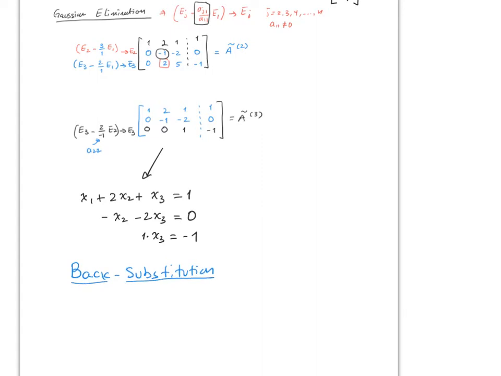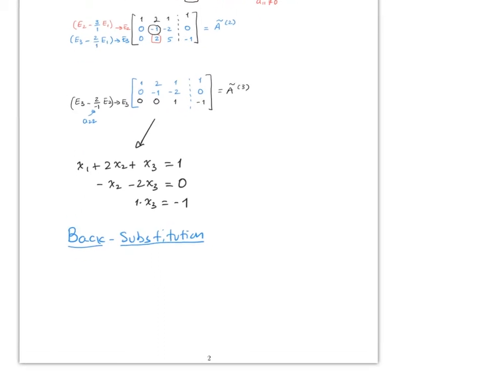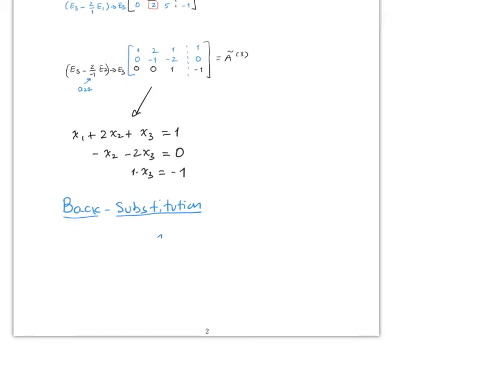To complete the Gaussian elimination process, back substitution tells you the following: xi, which is the answer, so this is what you want.